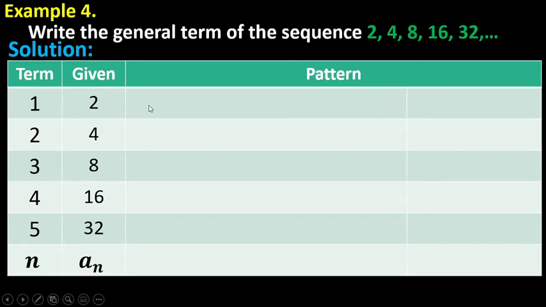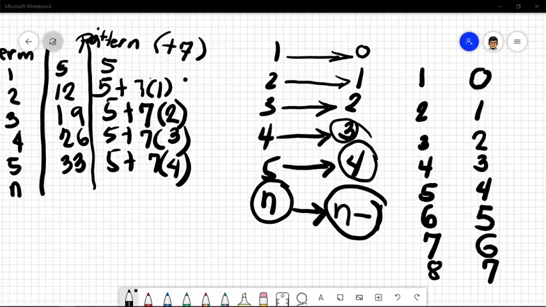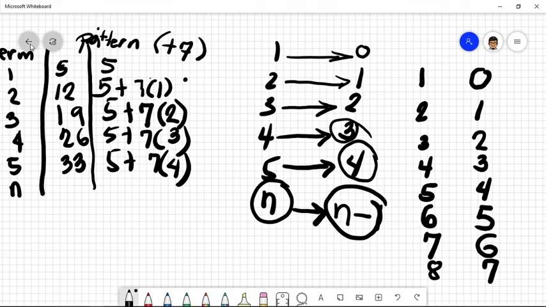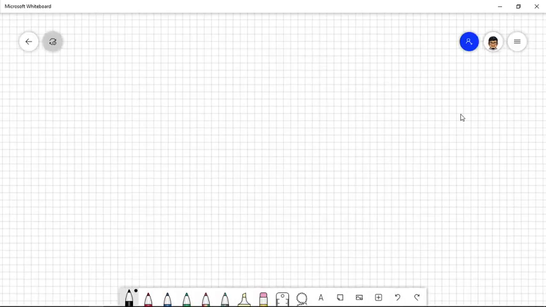Okay. Step 1, syempre, ang magiging clue natin dyan, ang 2 at saka 4. Mag-start tayo sa 2. Mag-formulate tayo ng conjecture niyan. Anong gagawin natin sa 2 para mapunta tayo sa 4? Conjecture number 1.